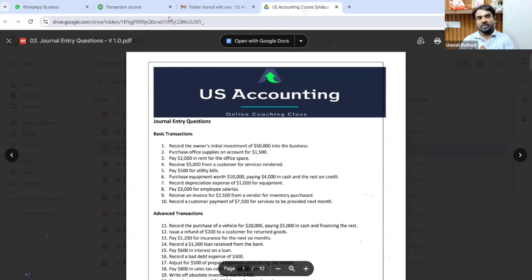So your sell amount is 100, right? But what is your cost of goods sold? 5 into 10. 50.